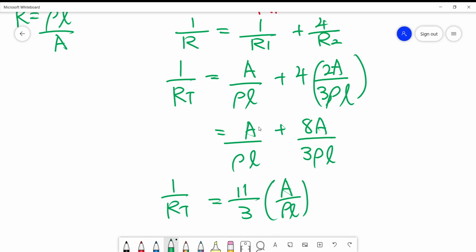If I wish to find the total resistance, what I need to do is invert it. So the total resistance is 3 over 11 rho L over A. So this is my final answer.